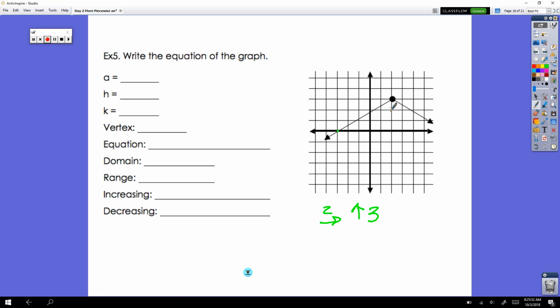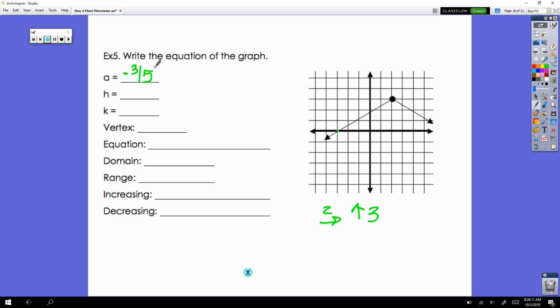So we're going down 3, left 1, 2, 3, 4, 5. So we can see that our A is going to be negative, first of all, because it's pointing down. If we're going down 3, left 5, that means it's going to be negative 3/5.